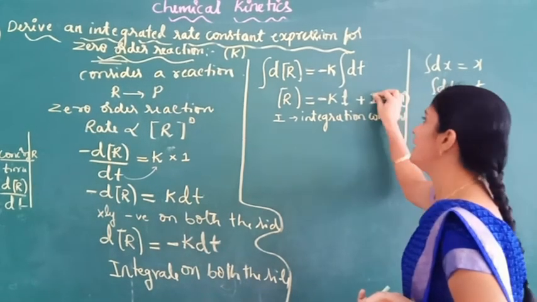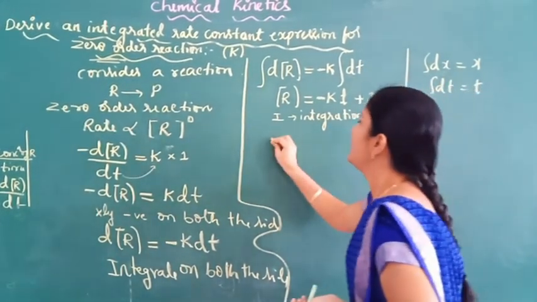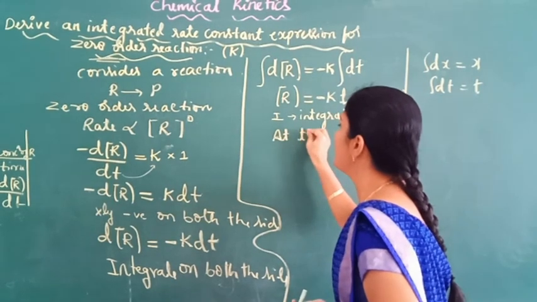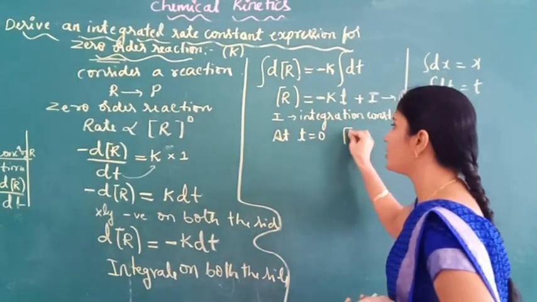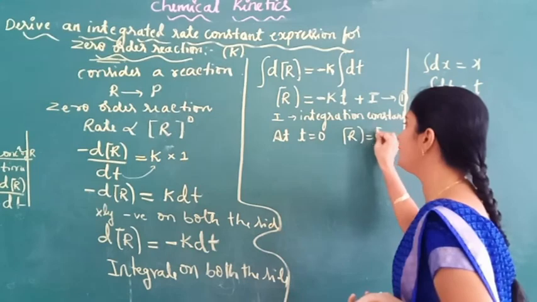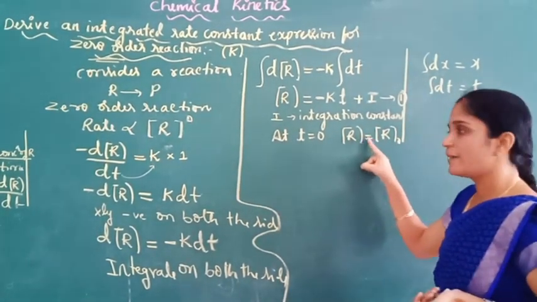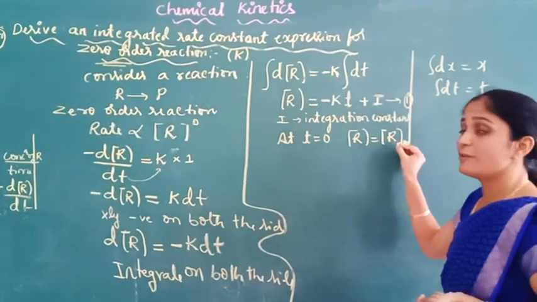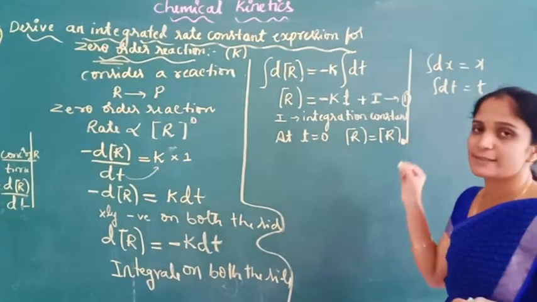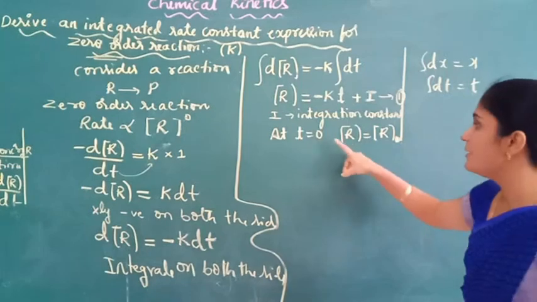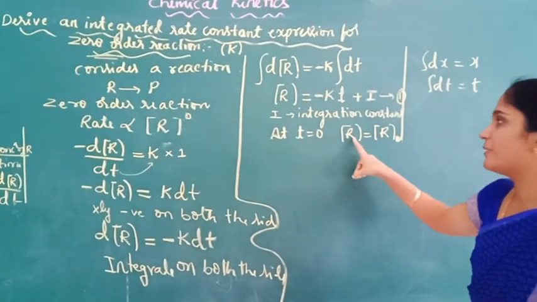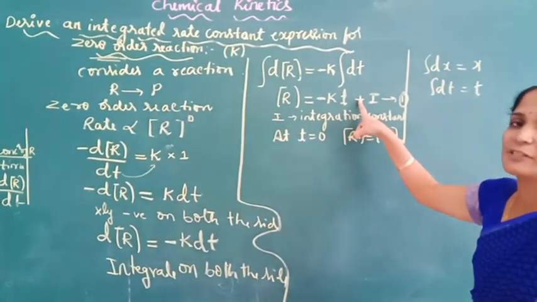Now to find the I value: at t equals 0 time, the concentration of R is equal to its initial concentration. So substitute t equals 0 and R equals R naught concentration in equation number 1.